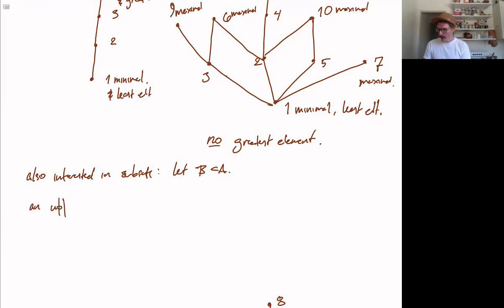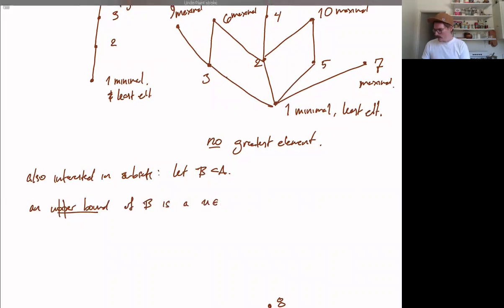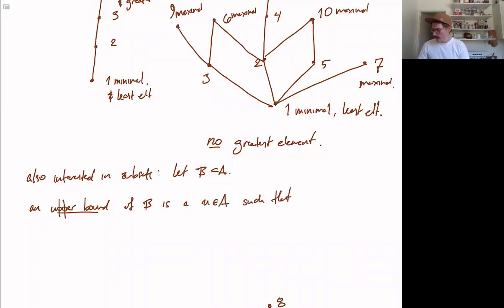An upper bound of B is an element U such that every element of B is less than or equal to U. So it's an upper bound in the sense that it is greater than or equal to every element of this subset.